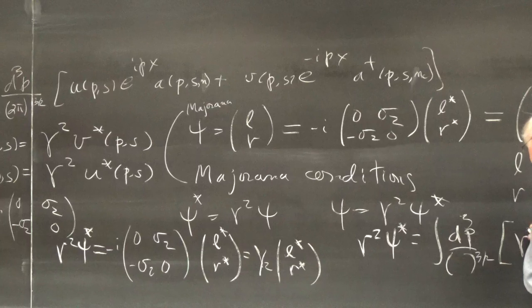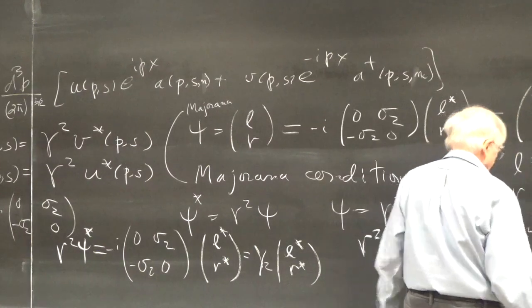So then it'll be γ² u* e^(-ipx) a† plus γ² v* e^(ipx) a. Okay? So that's γ² ψ*.